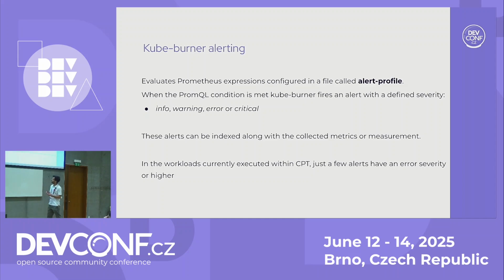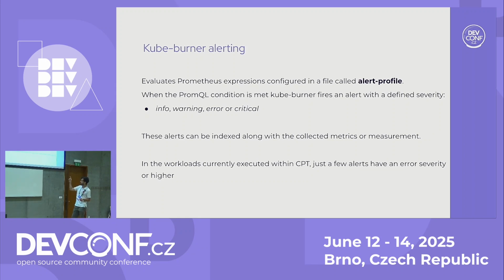Kube-burner alerting, just a quick summary of how it works. It evaluates Prometheus expressions configured in a file called the alert profile, similar to the metrics profile I mentioned before, but for alerts. When a PromQL condition is met, kube-burner fires an alert with a predefined severity that goes from info to critical level, with different effects, even halting the execution of the benchmark.